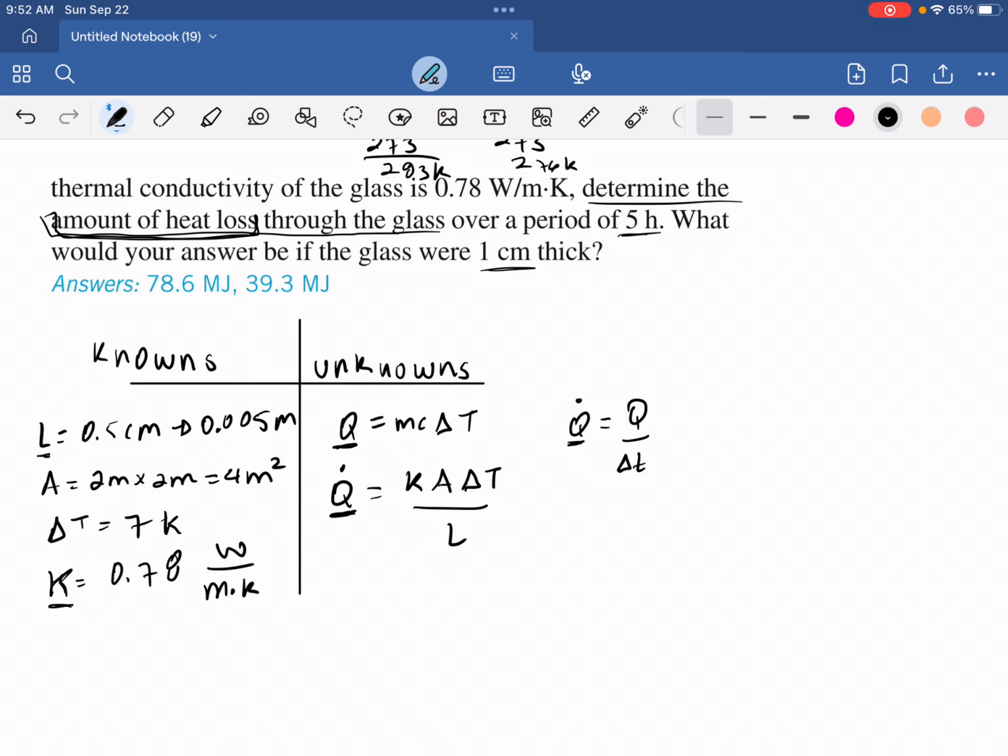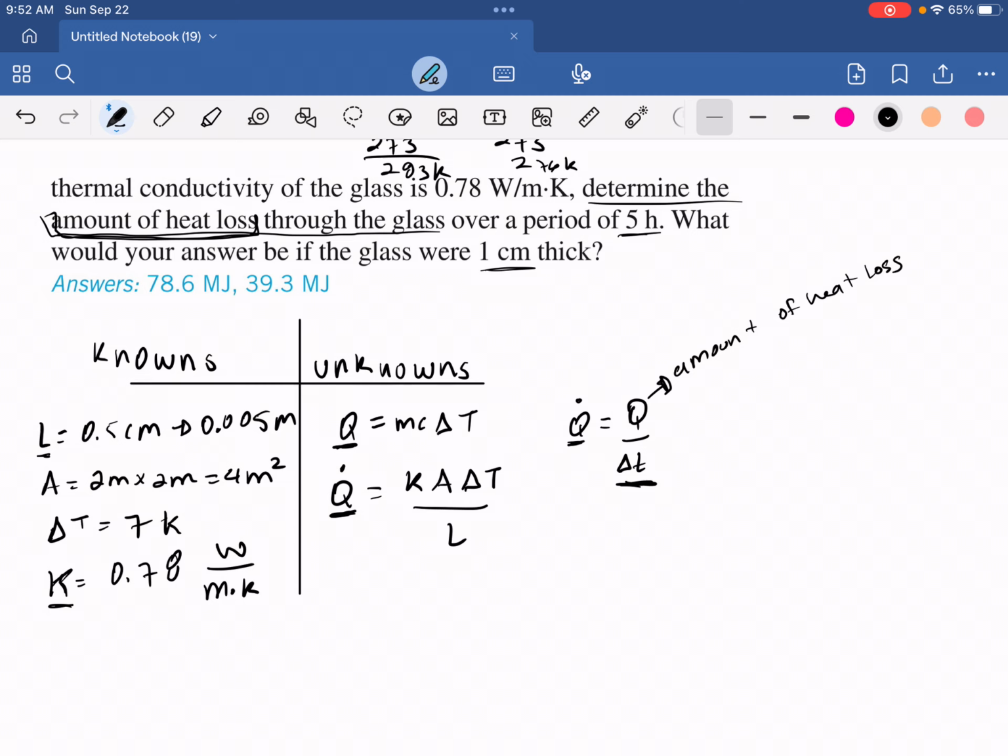The rate of energy transfer is just the amount of energy or heat loss divided by time. Okay, so then what we can do is that we can actually substitute a couple of things.